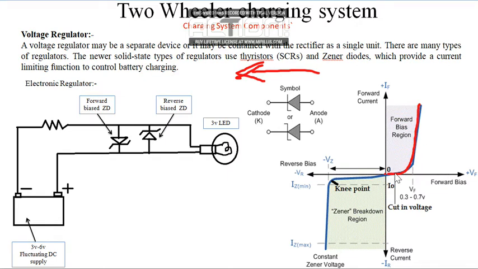Starting from this cut-in voltage point, your line starts deflecting in the upward direction, so the voltage and the current change along this line in the forward bias region.